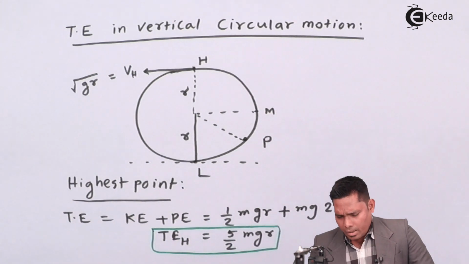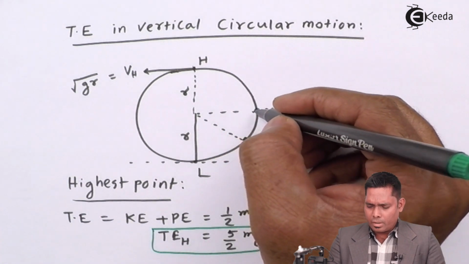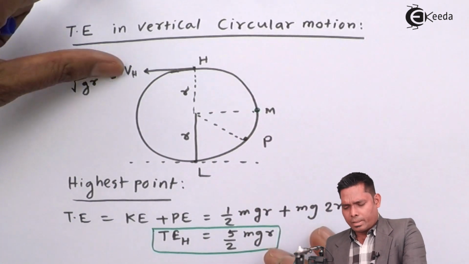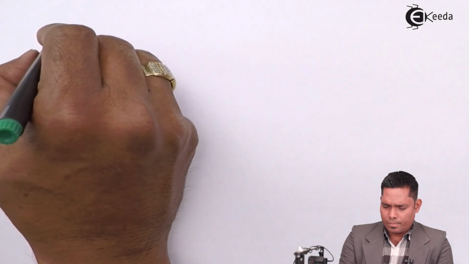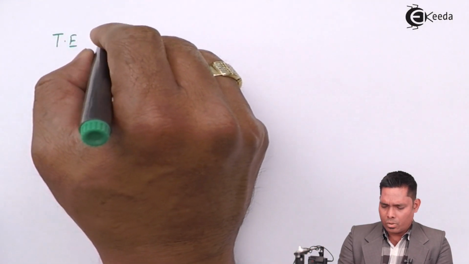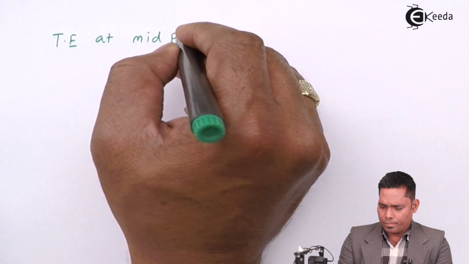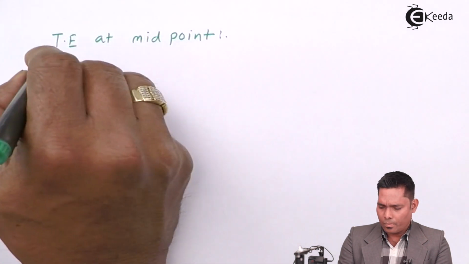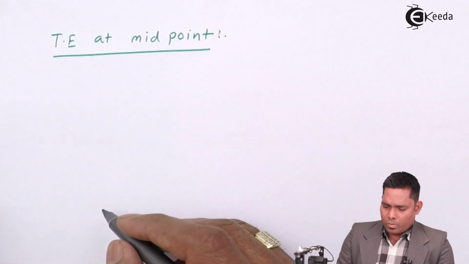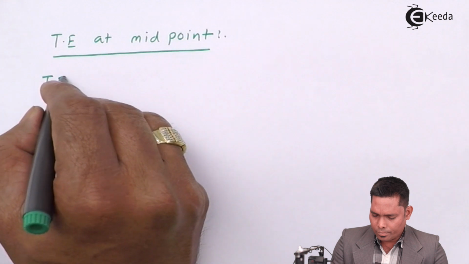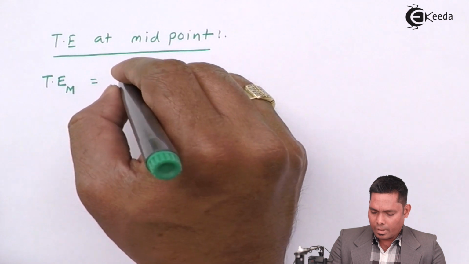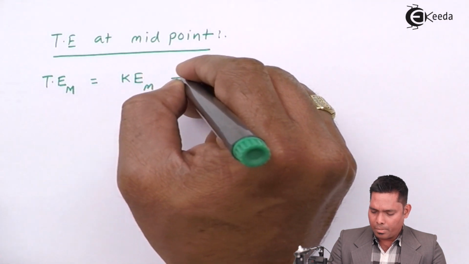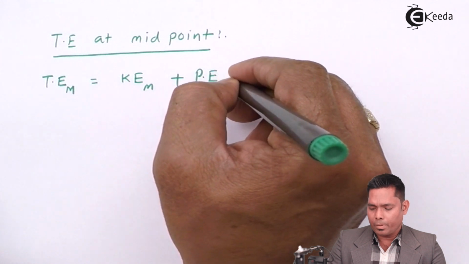Now let us find the total energy at the midpoint. The total energy at the midpoint is the kinetic energy at the midpoint plus the potential energy at the midpoint.